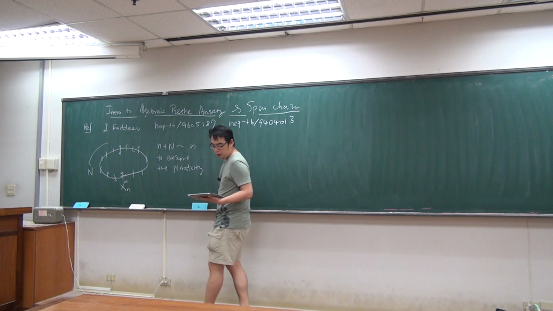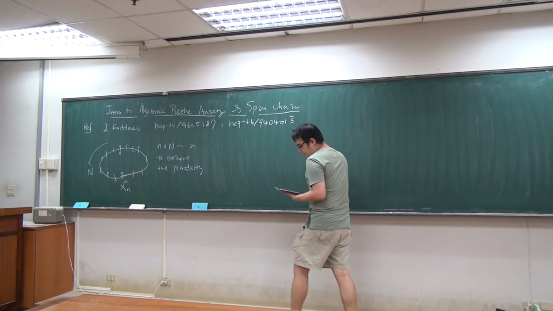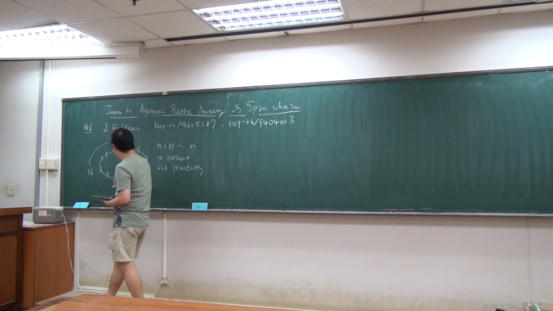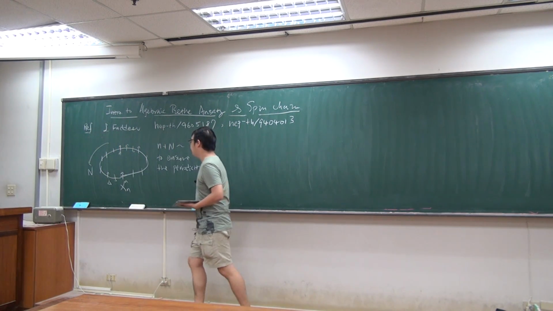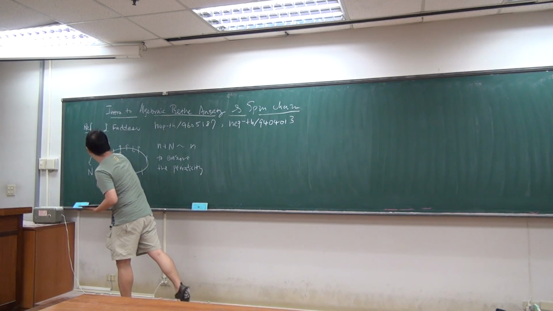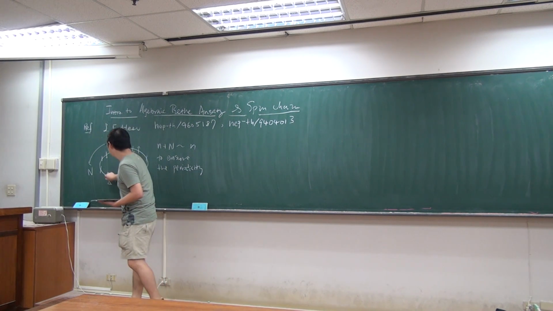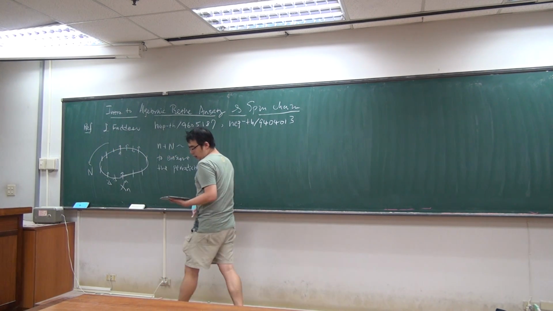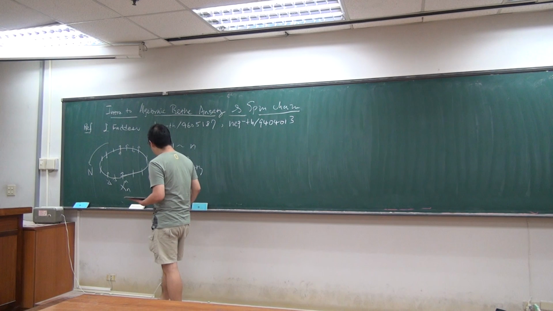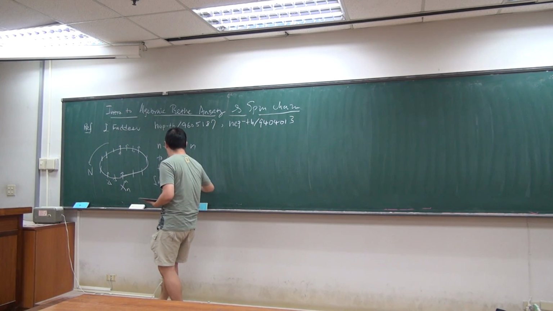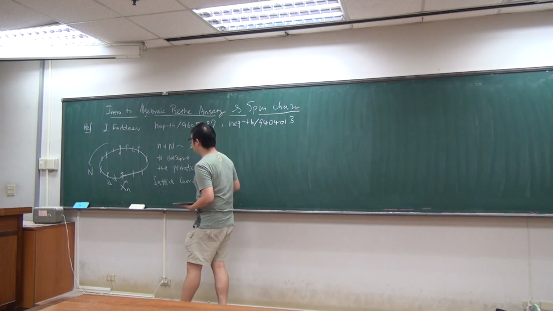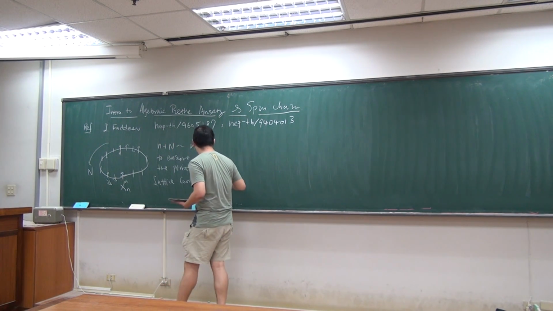I hope it's obvious. We usually take the separation between different lattice sites to be something like delta. So what we usually call the lattice coordinate is just given by n times delta.